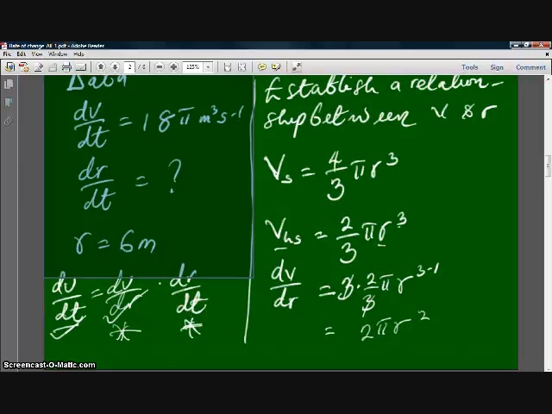So we need to know one of them before we can solve the other one. dV dr we can solve by establishing a relationship between V and r, the volume and the radius.